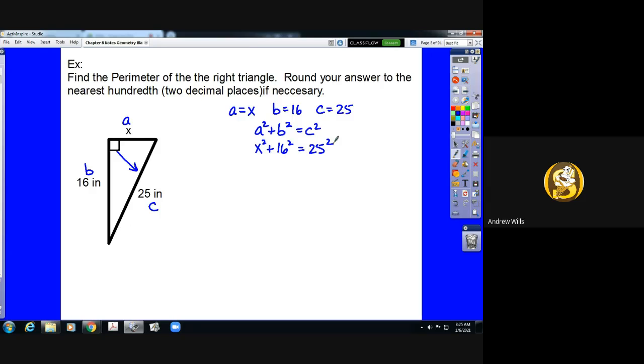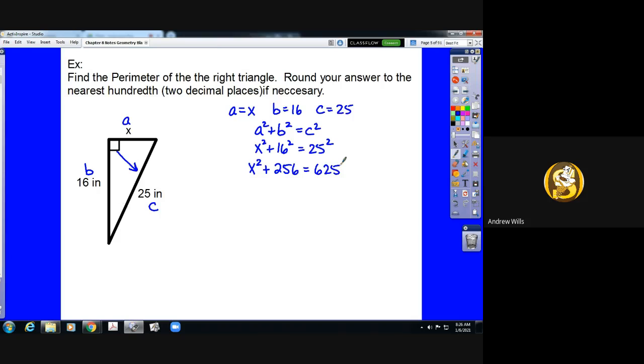Now, 16 squared is 256, and 25 squared is 625. That's not right, is it? Something's wrong there. What did I do wrong? Maybe nothing. No, that's right. I think.